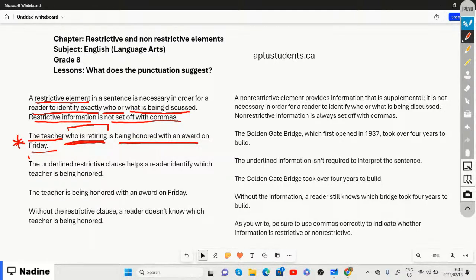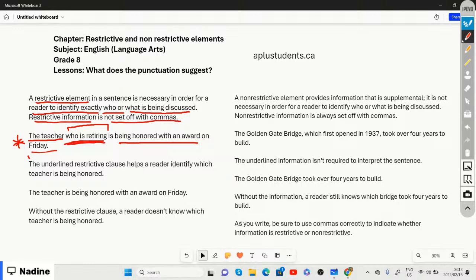But when it comes to restrictive elements, it is necessary to identify exactly who or what is being discussed, and it is not set off with commas. That is why, with this sentence, it says the teacher who is retiring.